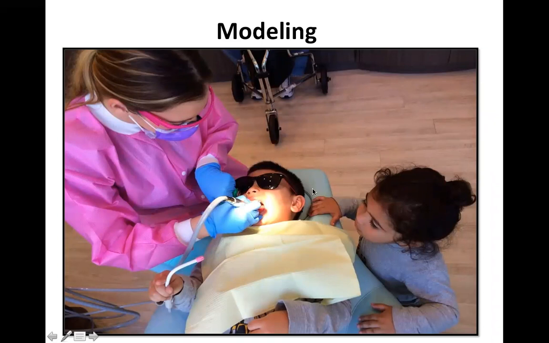So this is known as modeling. When a child of the same age is being shown to the patient who has to be worked on next. For this girl, she has a next appointment, and this boy is doing modeling for this girl to show her that this is a painless procedure and everything is going fine. Understand?